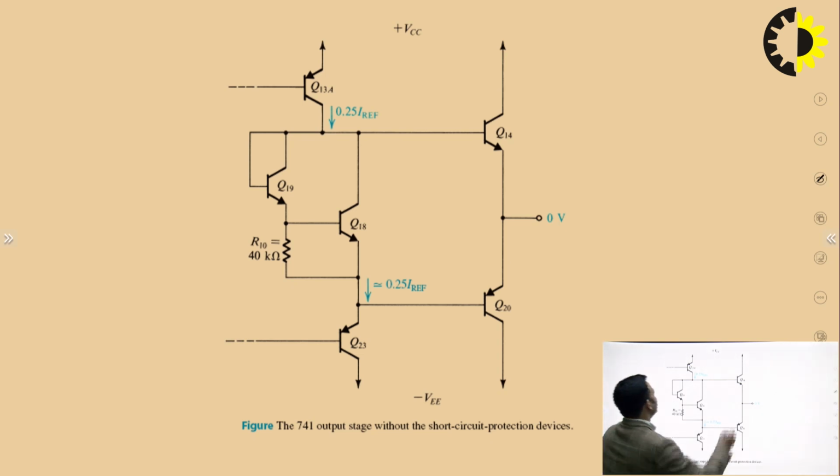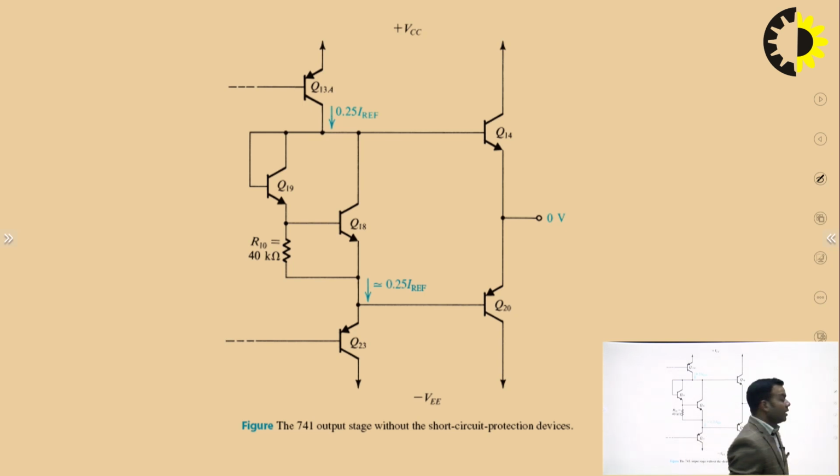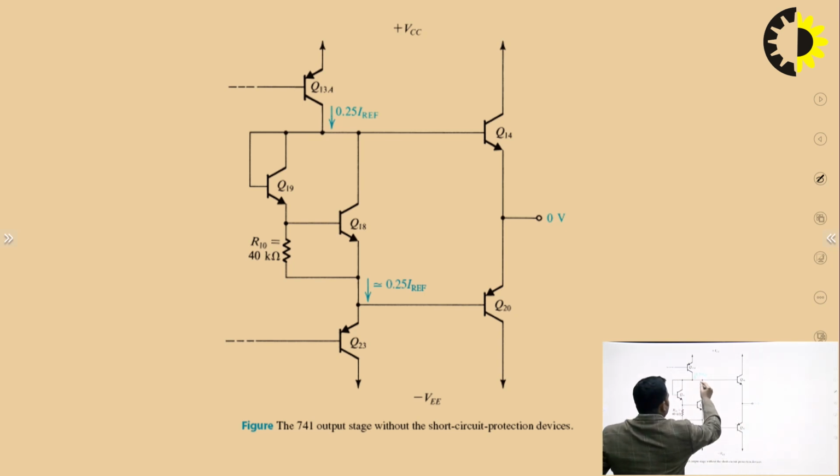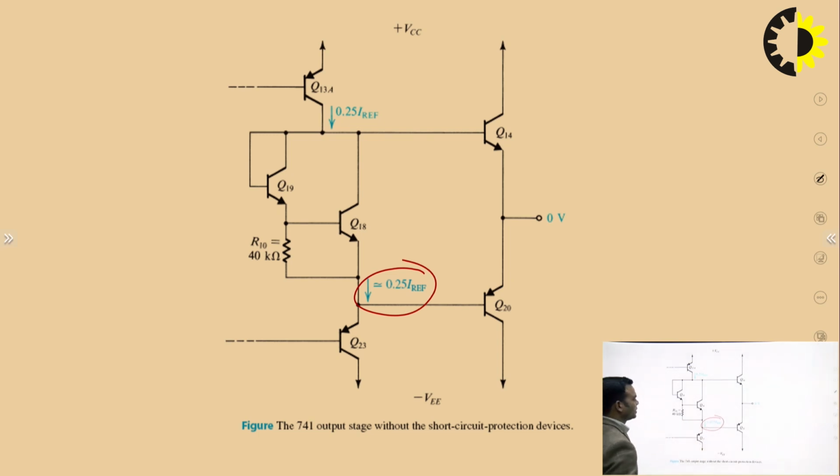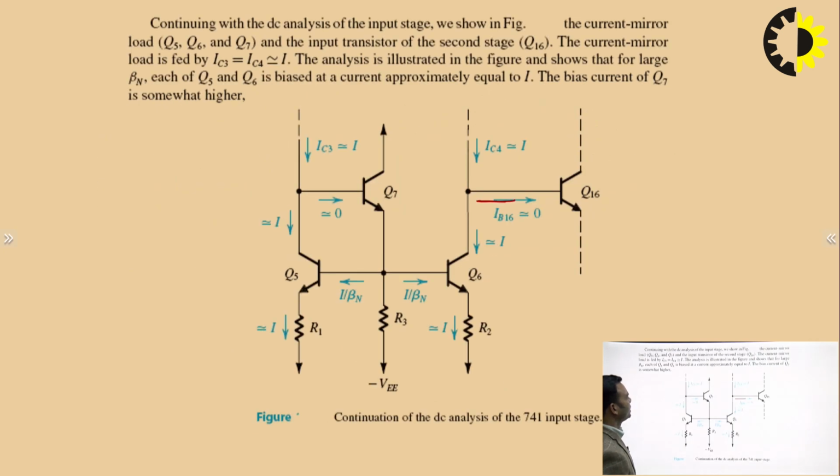and for the output stage, this transistor is forming a current mirror circuit with the previous transistor. So this transistor is selected such that this current is equal to 0.25 times I reference. If this current is 0.25 times I reference, then this current will also be 0.25 times I reference, and in this way we have a full idea of the currents in all the stages.